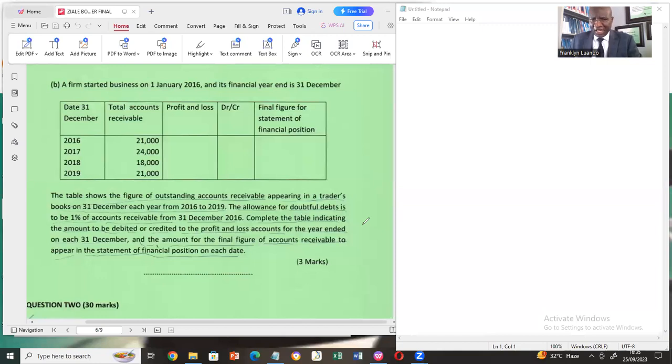An increase in allowance from one year to another. Very important concept. Increase in allowance is an expense. Very, very important.